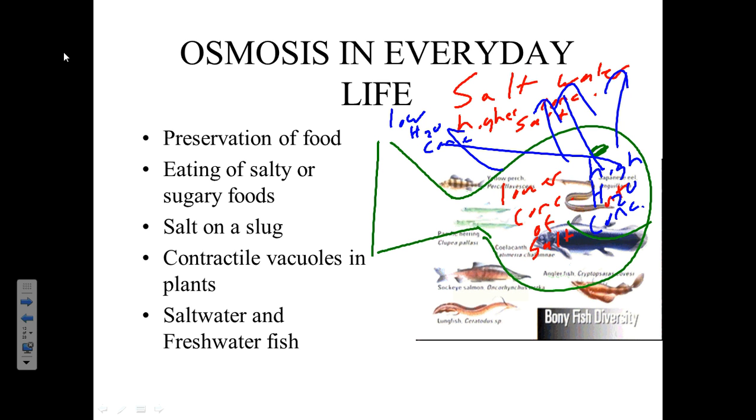I don't know how they get that far. They have a special organ in their body that allows them to soak up salt water and release it whenever they need to. There's a few kinds of fish that can switch gears from salt to fresh, but most can't. Most have to be in one place or the other because it's a big problem.